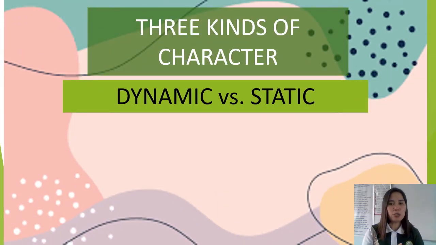Before I introduce to you the story of O. Henry's After 20 Years, I will just give you a brief review about the three kinds of character. So we have the individual or round, developing or dynamic, and static. First, we have to differentiate dynamic versus static.